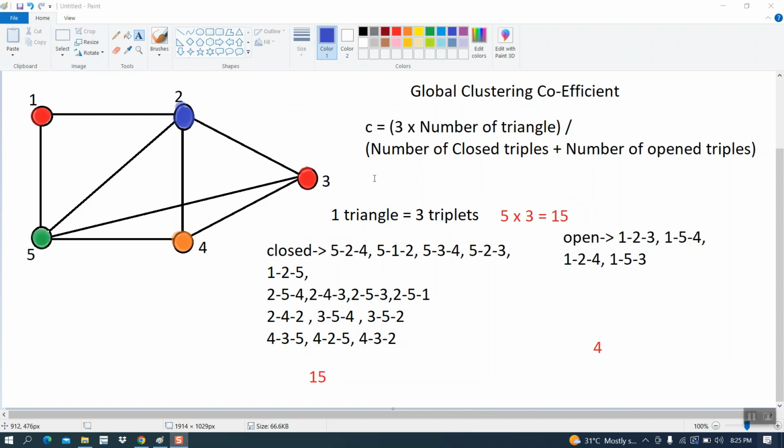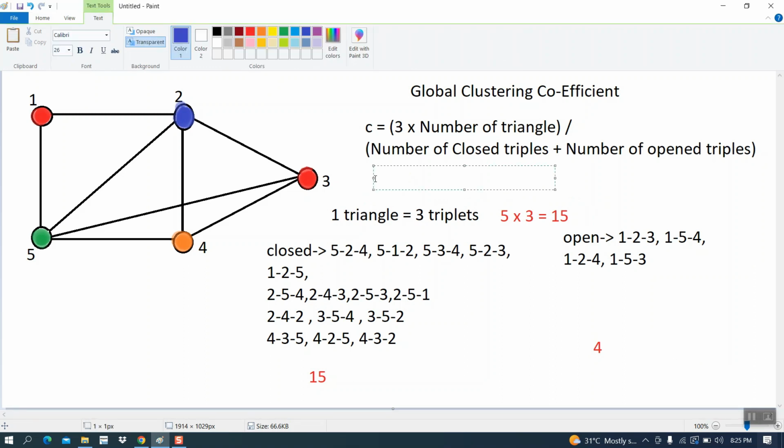Now let's put our findings into the given equation. C, the global clustering coefficient, equals 3 times the number of triangles, which is 5, divided by the number of closed triplets, 5, plus the number of open triplets, 4.